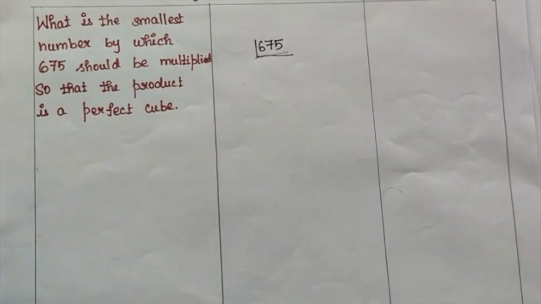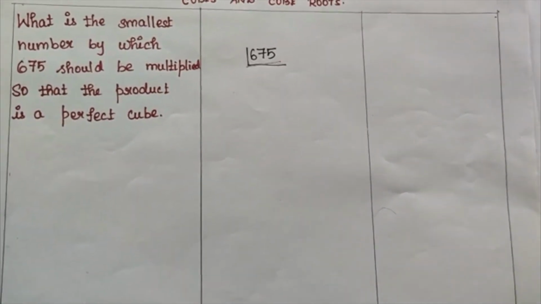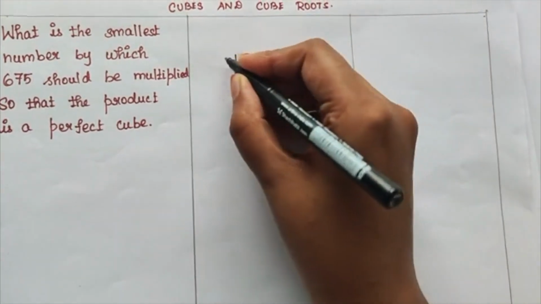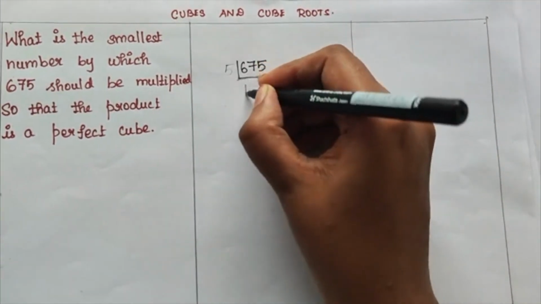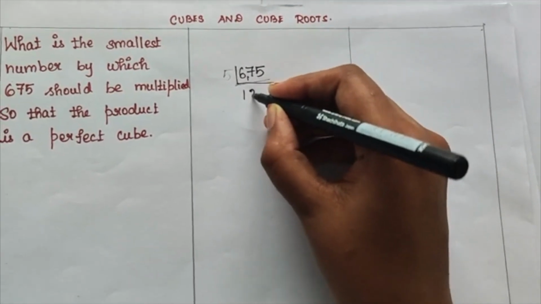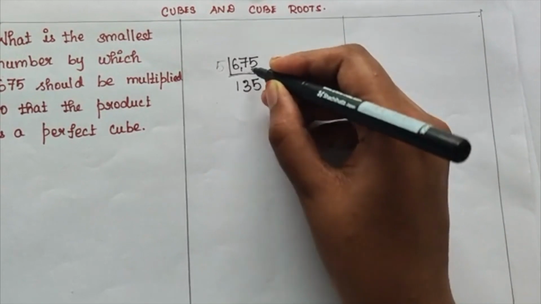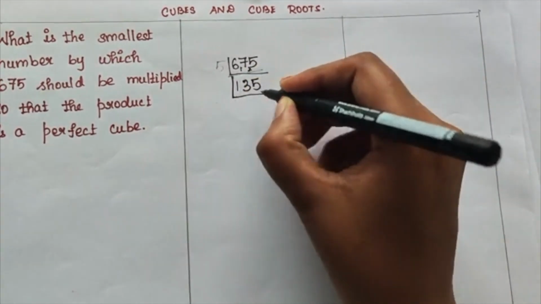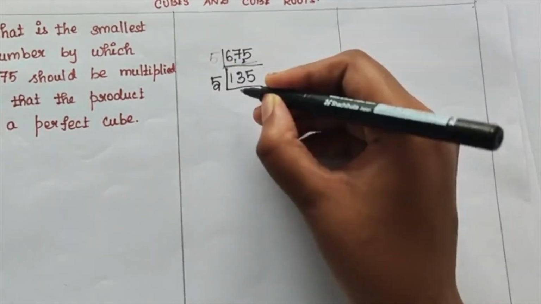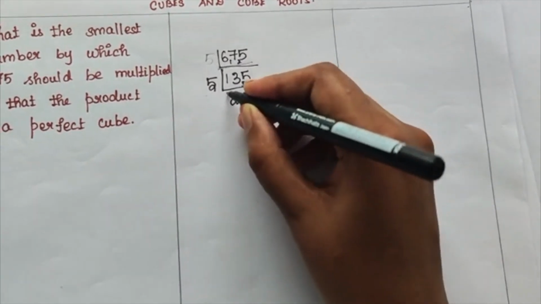So here if I do prime factorization for 675 means I can use the 5 table here. If I use the 5 table, 1 5 is 5, remainder 1. We get 3 times, remainder 2, which is nothing but 5 times. So again I can use the 5 table, 2 times, remainder 3, 7 times 35.